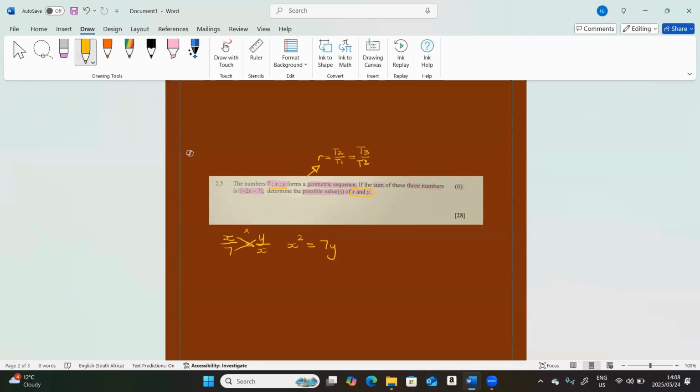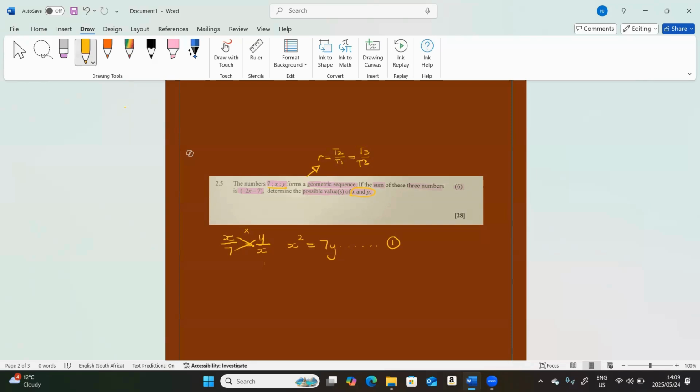Okay, so guys, there you have it. There you've written your first equation, and you've gotten rid of your fractions. You could have left it a fraction also, but I know how you feel about fractions. So then you call this equation number 1. x squared equals 7y. That is equation number 1.